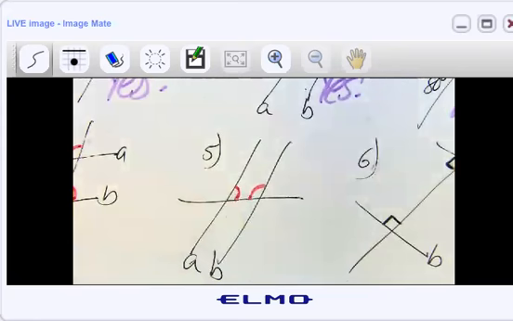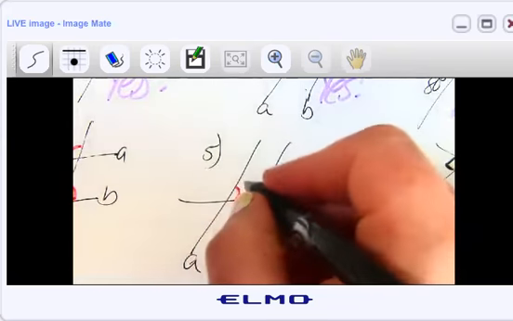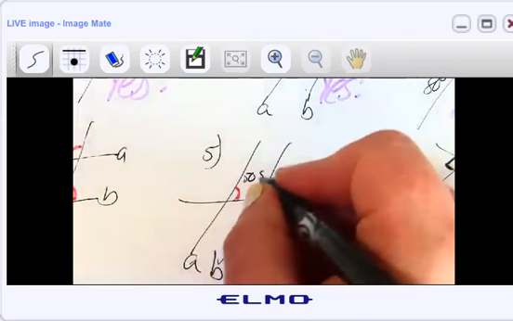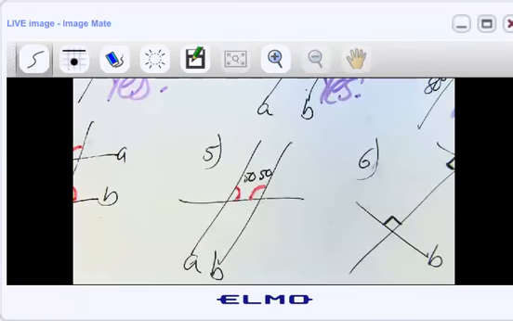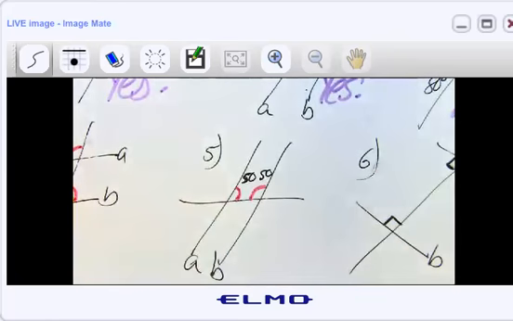Because it says it right there. Well, this means congruent. That means that they're equal to each other. So remember, supplementary means that they add to be 180. These markings just mean that they are equal. So for example, it could be 50 degrees and 50 degrees. But that doesn't add to be 180, does it? That only adds up to be 100.